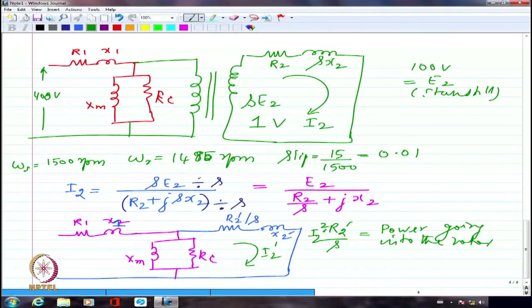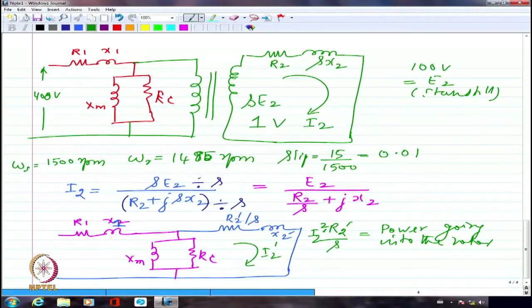There will definitely be dissipation. That will be I2 dash square R2 dash. So, whatever power is getting into the rotor, part of it will be dissipated in the rotor resistance. The rest of it is converted into mechanical power. So, we are going to bifurcate this power into two portions.